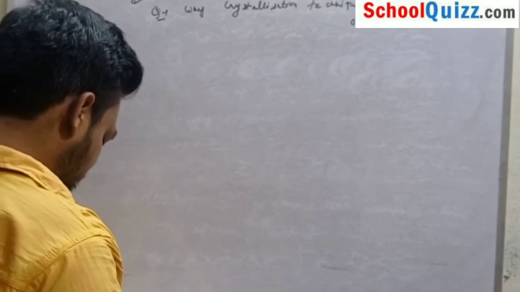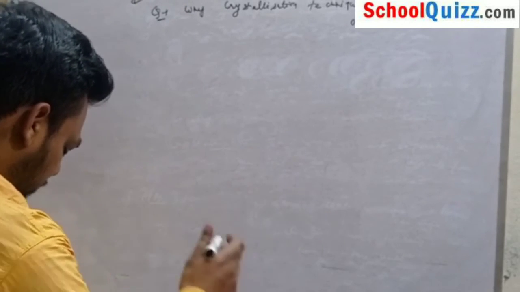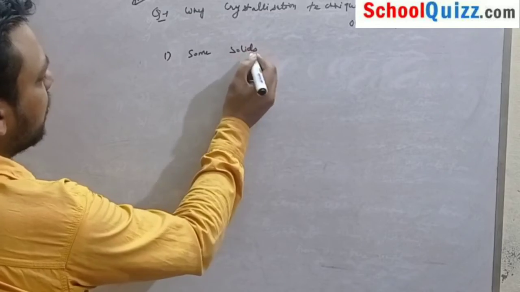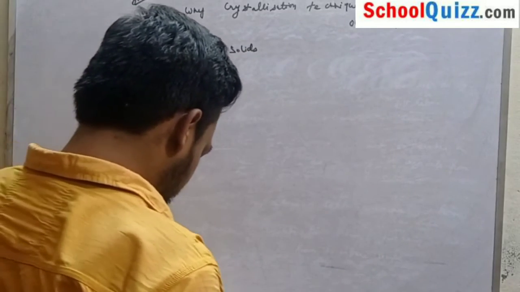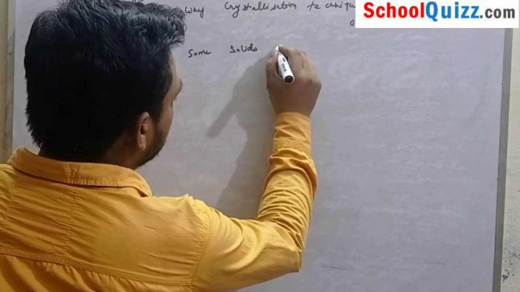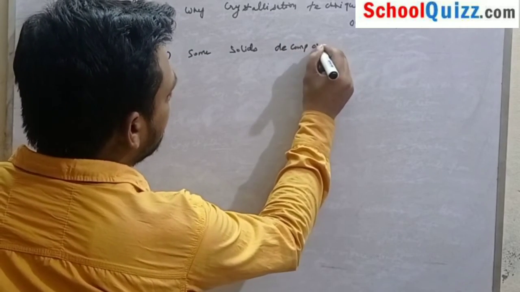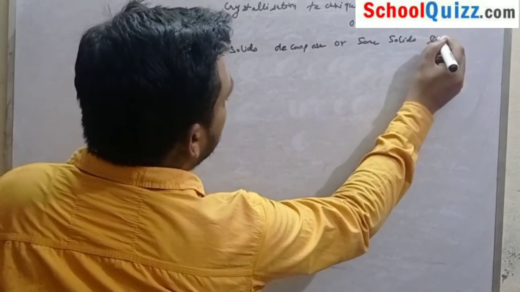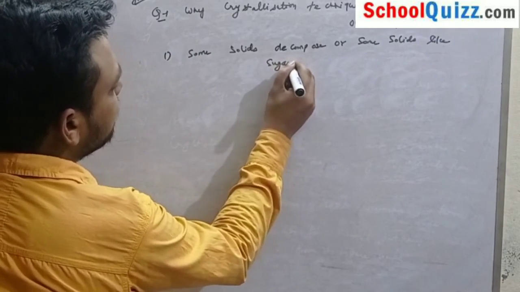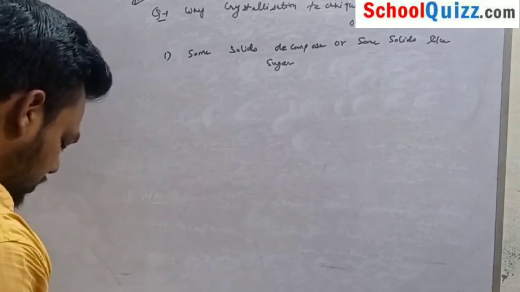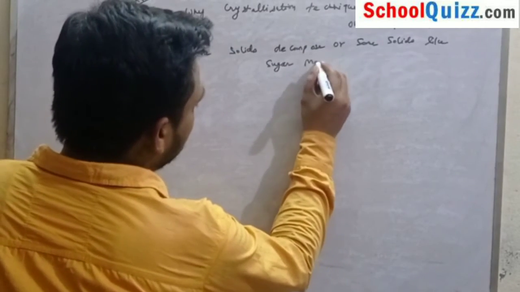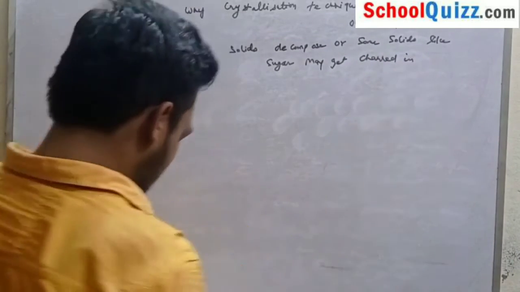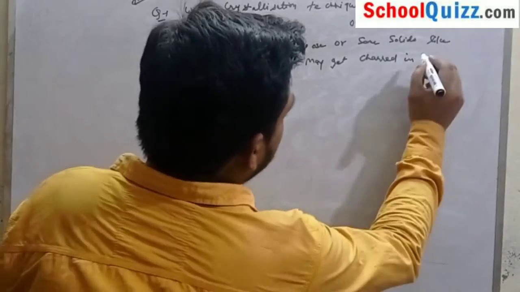We can write that some solids decompose, or some solids like sugar may get charred on heating to dryness.